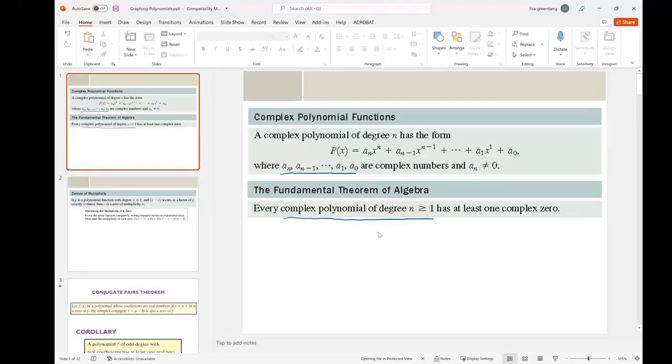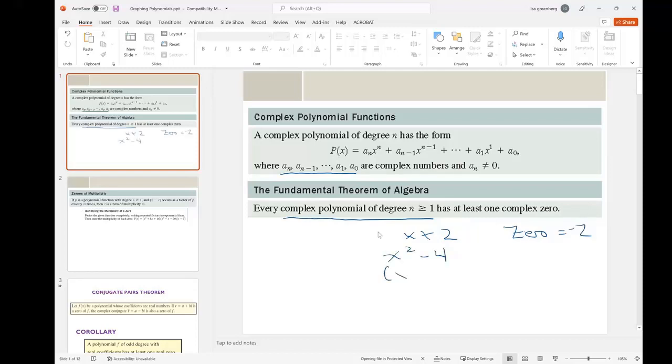to 1, so the degree is always the largest exponent, so even if it's x plus 2, it has at least one complex zero. So say we had x plus 2, our zero would equal -2. Let's say we had x squared minus 4.